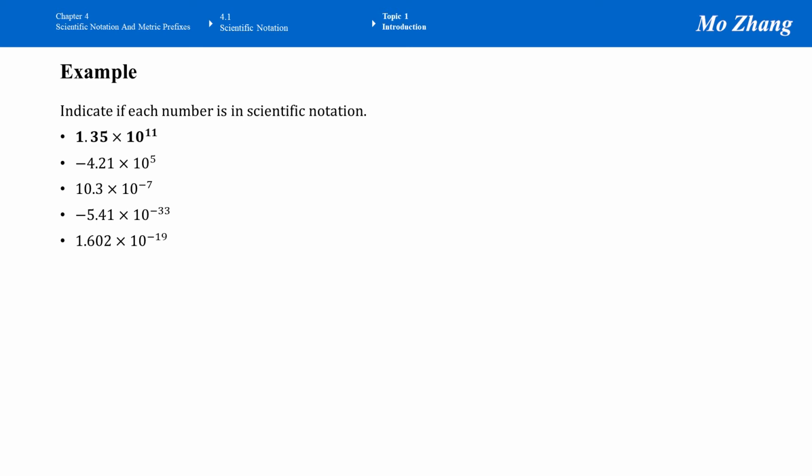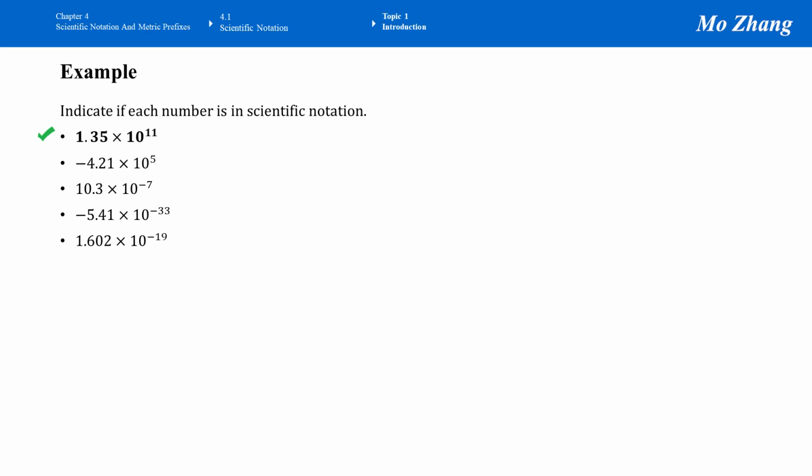For rule number 2, the absolute value of this number needs to be greater than or equal to 1 but less than 10. 1.35 is between 1 and 10, so it meets rule number 2. For rule number 3, the power of 10 is 10 to the power 11, so it meets rule number 3. This number is expressed in scientific notation format.